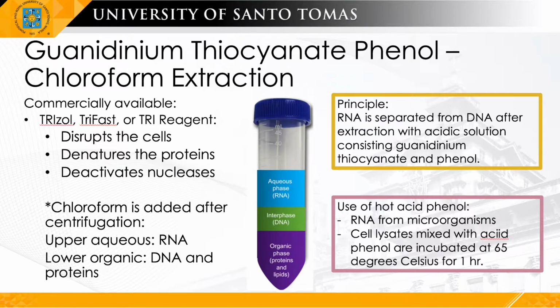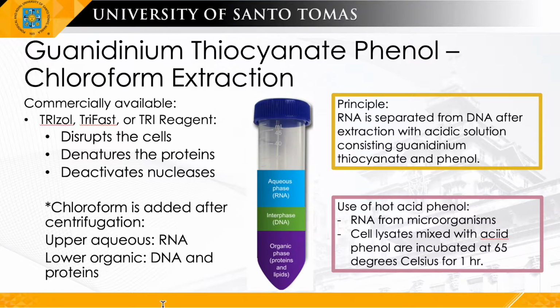So you expect this kind of formation. On top is the aqueous layer of the RNA, in between is the interface consisting of the DNA, and the bottom is the organic phase containing the proteins and the lipids. Chloroform is added before centrifugation. Please take note, okay?